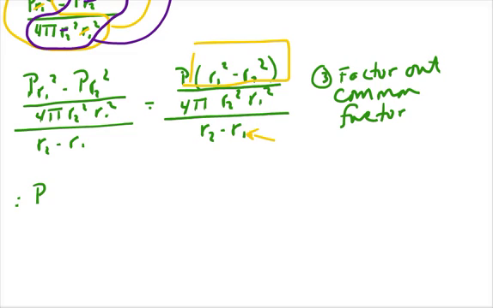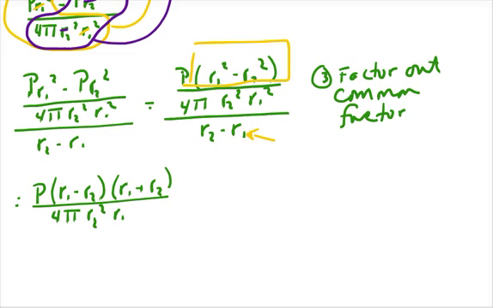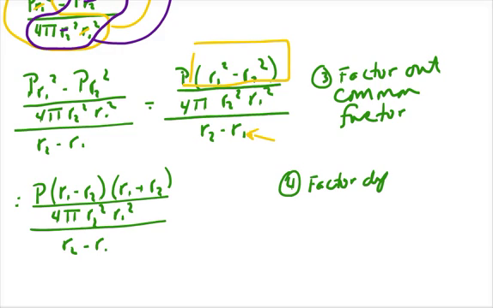It's the difference of two perfect squares, so hopefully you remember that this thing is going to factor into r1 minus r2, r1 plus r2, all over 4 pi r2 squared r1 squared, and divided by r2 minus r1. Alright, so that step, I factored the difference of perfect squares.